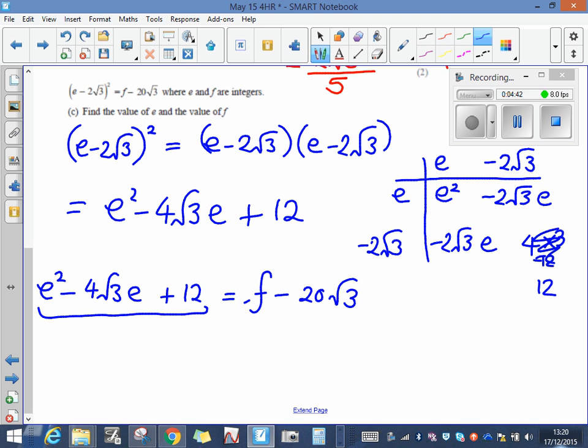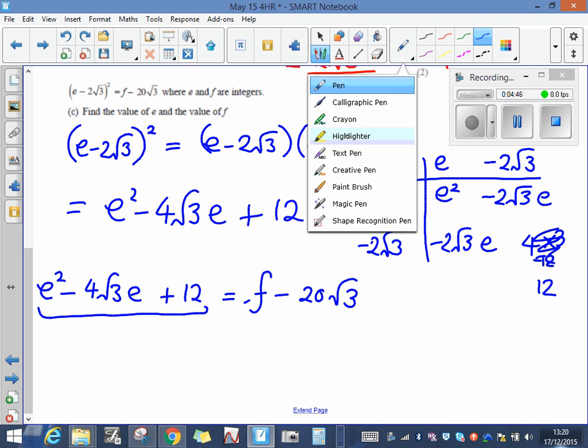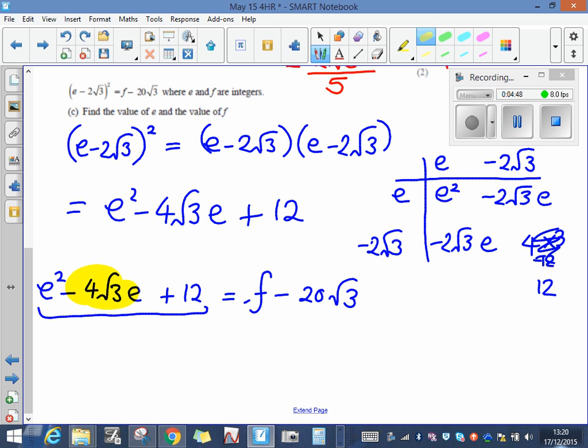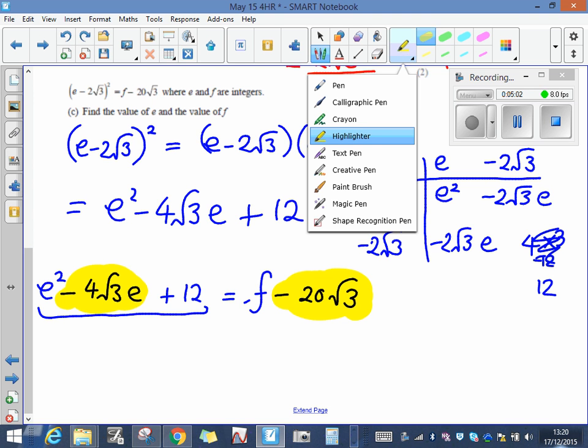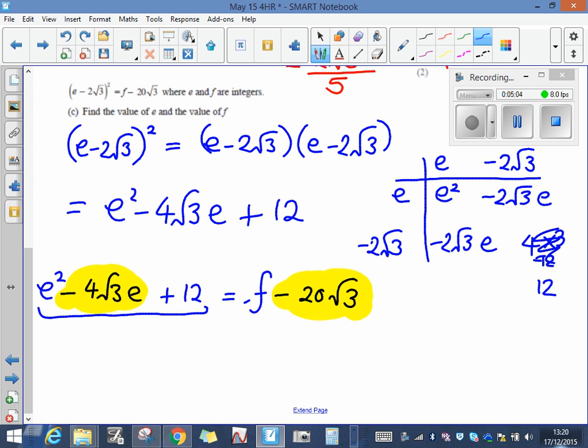Okay, so if you like, I'm going to change the order. This bit here on the left-hand side, the minus 4 root 3 e, that is the irrational bit, the bit that contains the square root. And on the right-hand side, the bit that contains the square root is that bit. So because I know that the left-hand side and the right-hand side are going to be equal, because that's what an equals sign means.